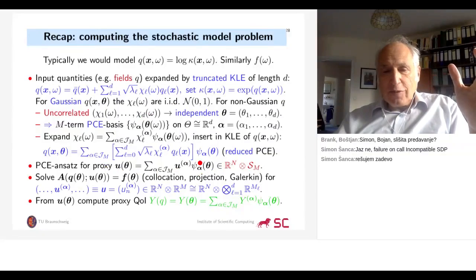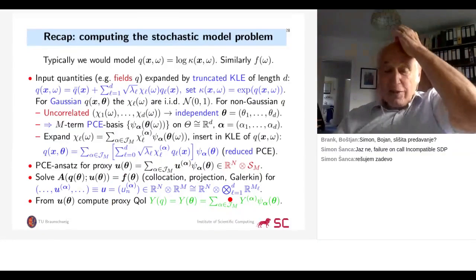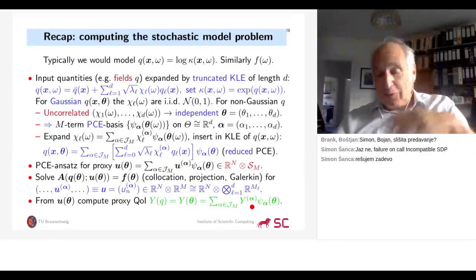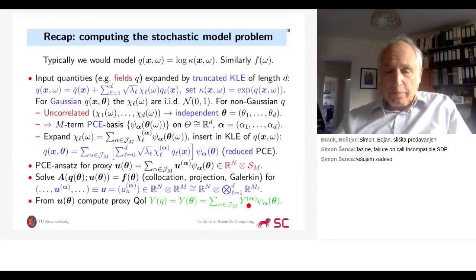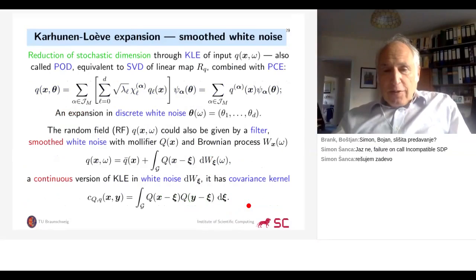So we have polynomials in those independent random variables. We solve for these coefficients by either of these ways, and then we can compute proxies. Again, the PCE, this proxy, and now we have a cheap integrand. So this integrand is cheap to evaluate, so we can compute the expected value of that and whatever.